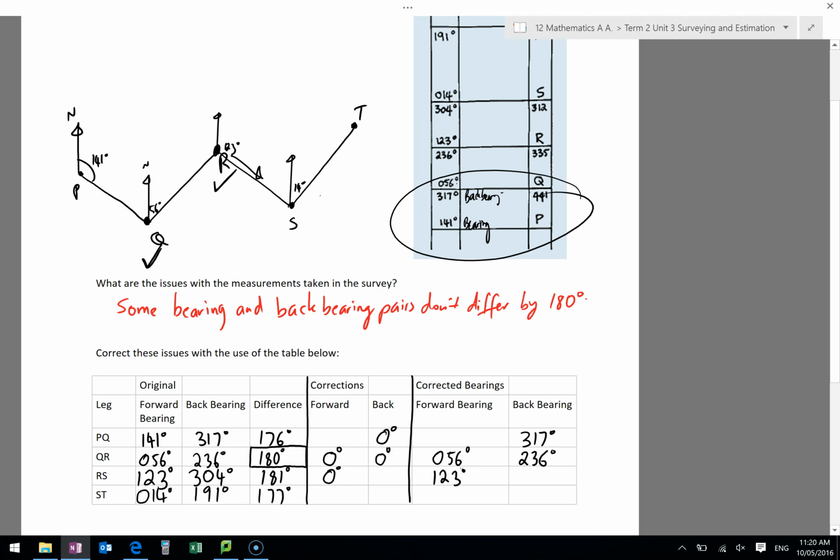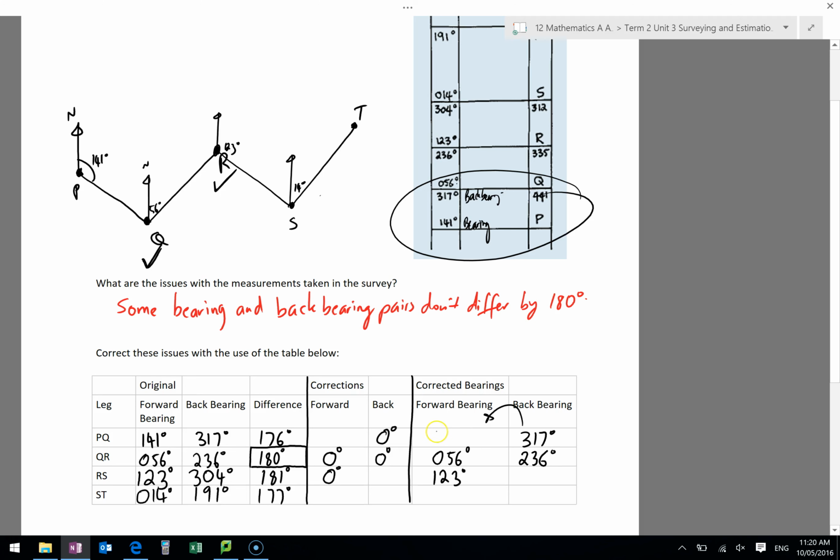So where we're at is we need to correct these bearings somehow. So we've got some error at P. I need to change this forward bearing, this 141, to something so that there's a difference of 180. So this back bearing 317, to calculate the forward bearing, I'll subtract 180.